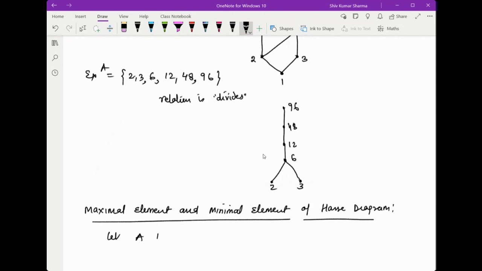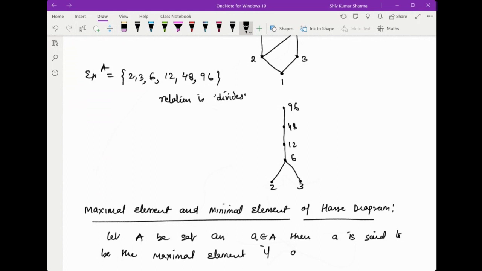So let A be the set and small a be an element of A. Then a is said to be the maximal element if all the elements of the Hasse diagram are less than or equal to a.